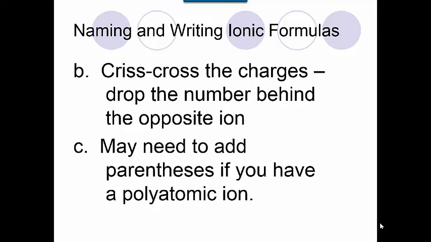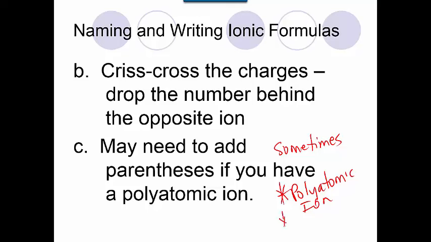Now, there are times that you might need parentheses, and this is only sometimes. You have to have a polyatomic ion. If you don't have a polyatomic ion, then no parentheses. And it's only if you're going to be putting a number behind it, like a 2, 3, 4, 5, whatever, no ones.